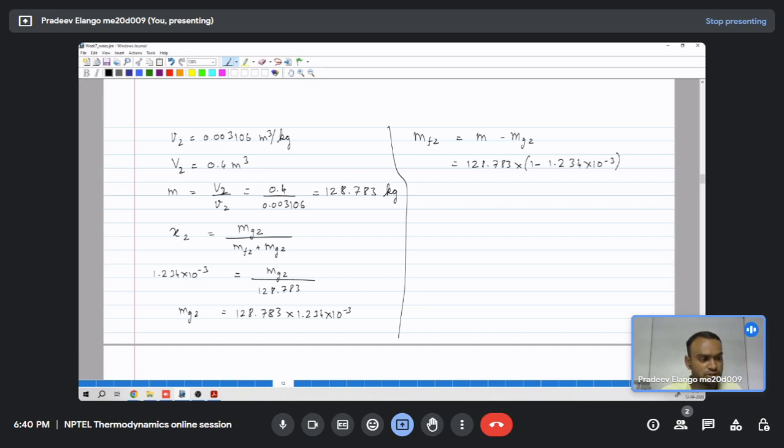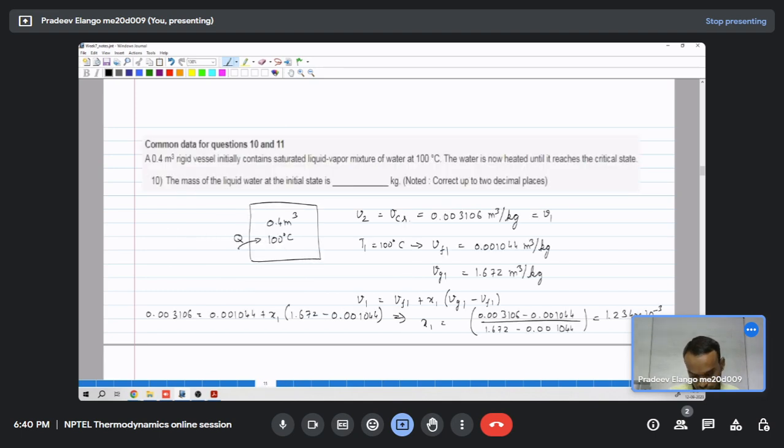This dryness fraction is very small, so we could have also taken the total mass as the mass of water. So this is 128.624 kilogram. This is the mass of the liquid water at the initial state.